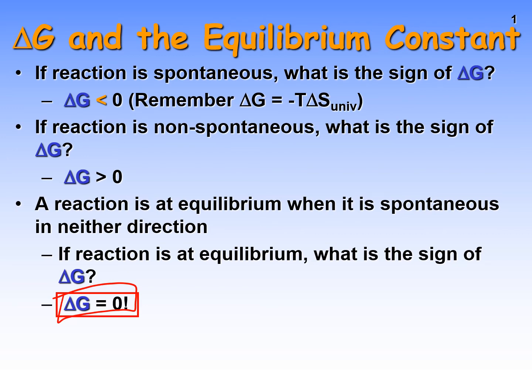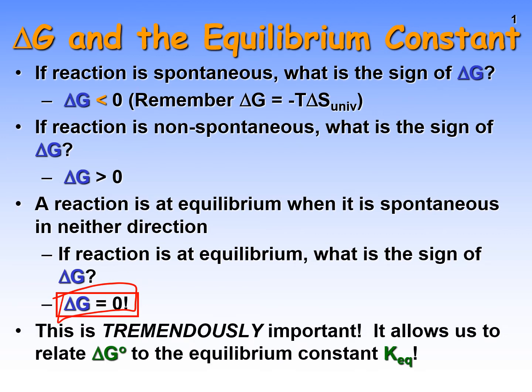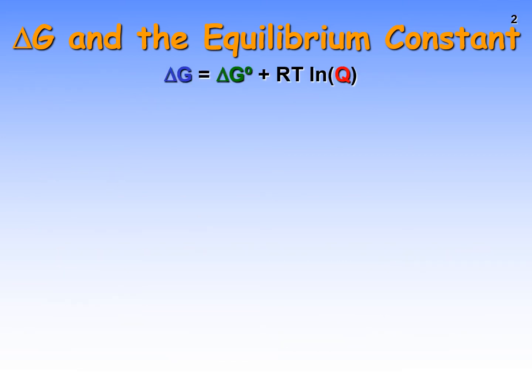Now, that is pretty powerful because it allows us to relate our delta G naught to the equilibrium constant. So our standard delta G can be related to the equilibrium constant using this relationship. So let's take a look at our delta G equation, right?